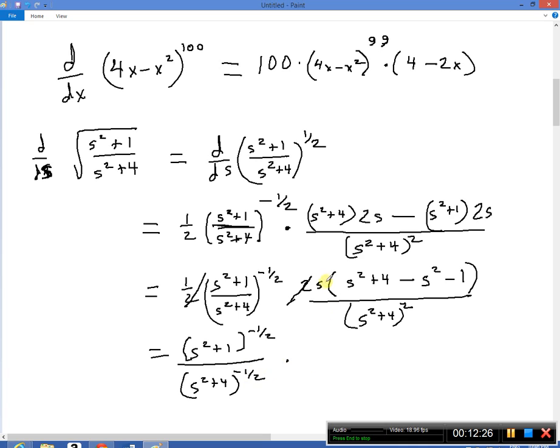And then what's left? I've got an S, and inside here the S squareds are going to cancel, and I've got 4 minus 1 is 3, so I've got S times 3 divided by S squared plus 4 squared.